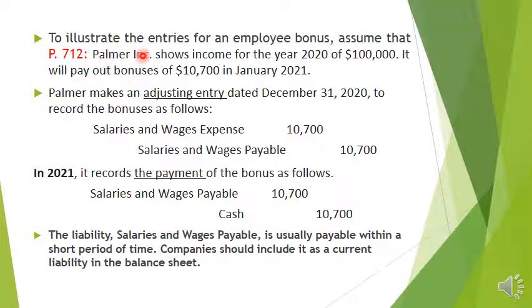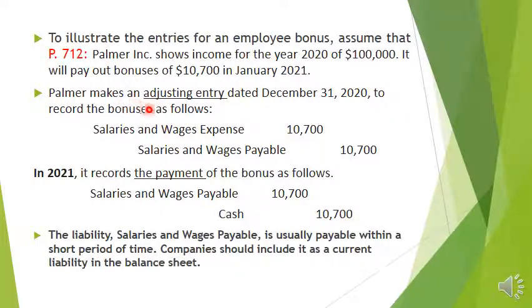To illustrate the entries for an employee bonus, assume that a company shows income for the year 2020 of 100,000. It will pay out a bonus of 10,700 in January 2021.